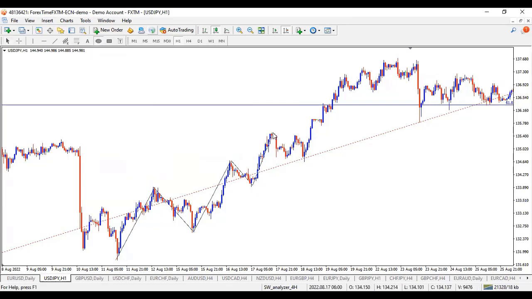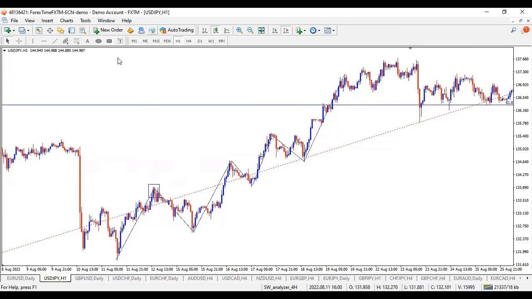So price pushes further and creates a high right there, higher than the previous high, and pulls back and creates a low right there, higher than the previous low. And then price continues on and on to create a new high. So this is what we are referring to as higher highs, higher lows.